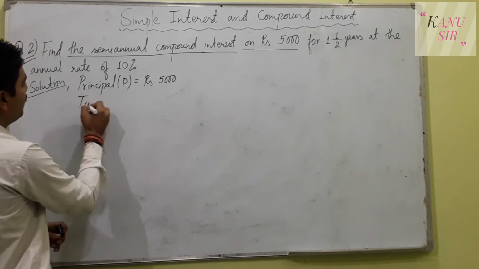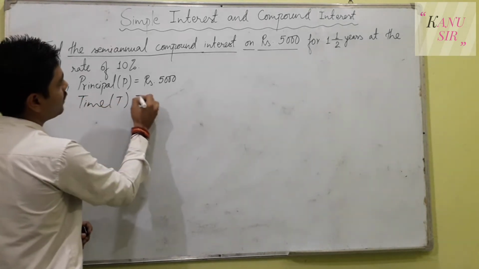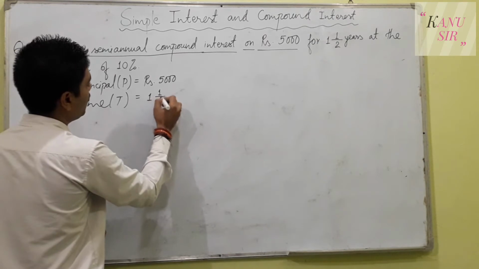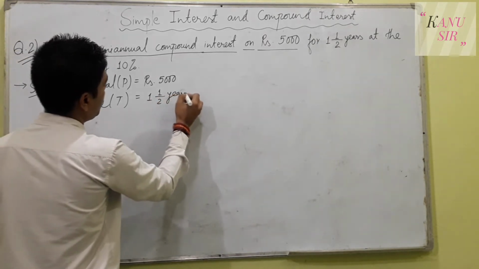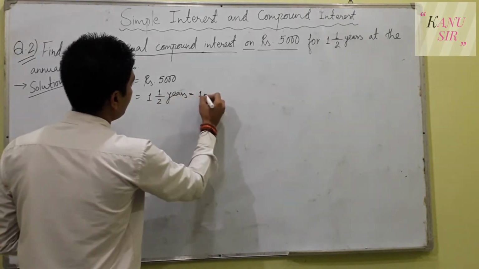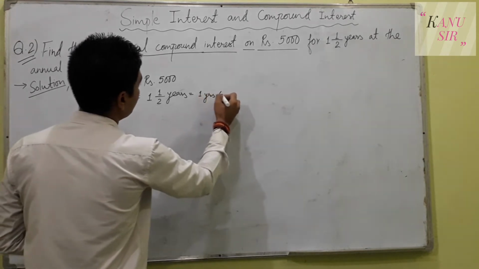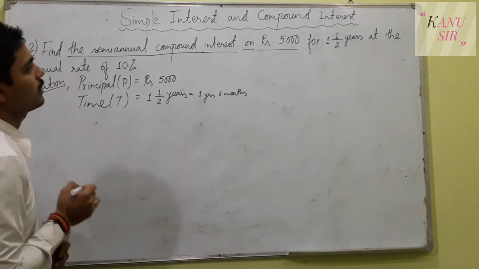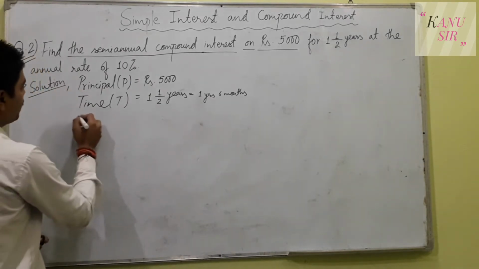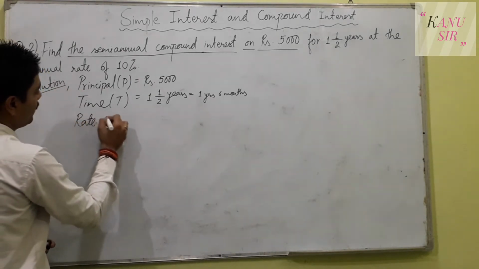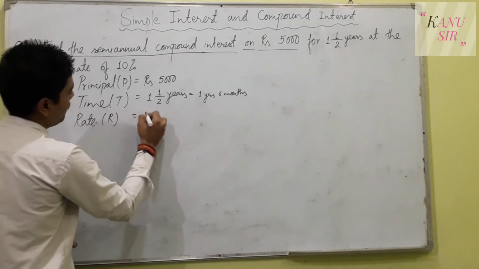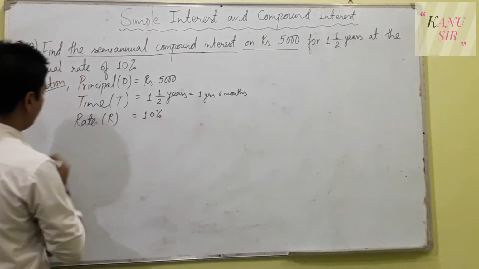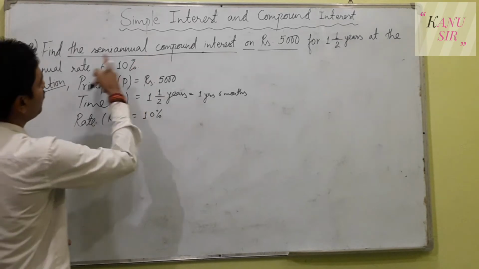And time taken T, or duration, is 1 and 1 upon 2 years, you can change it into 1 year and 6 months. After that, at the annual rate of 10%. So the rate percentage is 10 percent.